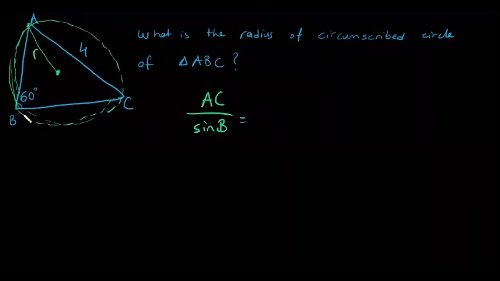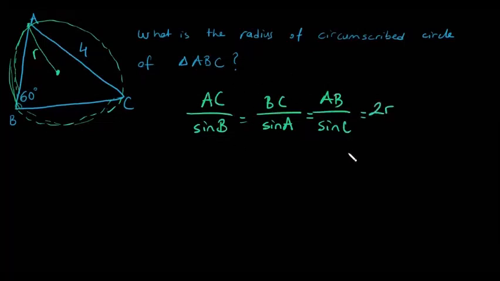Let's continue. BC over sine of A is going to be equal to AB over sine of C, and all these are also equal to 2 times the radius.